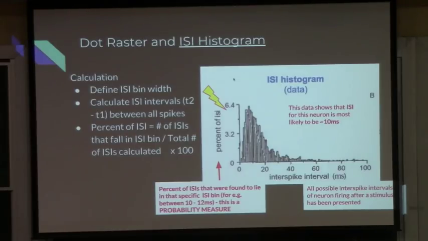So maybe you're saying, okay, 100 milliseconds is kind of like spontaneous firing. And so after the stimulus was presented, the chances of having action potentials 100 milliseconds apart are quite unlikely, because mostly the ISIs that you calculated were closer to 10 and 12 milliseconds.